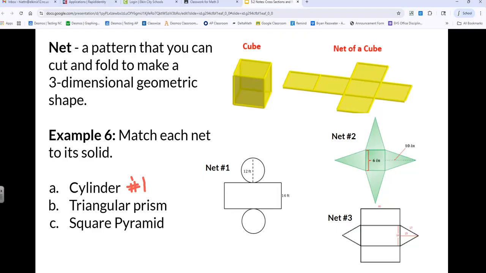A triangular prism has rectangles on the sides, right? So which one of these is going to be the triangular prism? 3, right there. And then 2 is your square pyramid. The base is a square, the sides are triangles. Okay? So we'll practice with this some more.